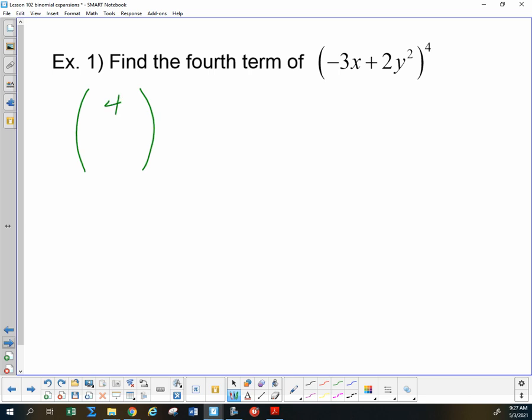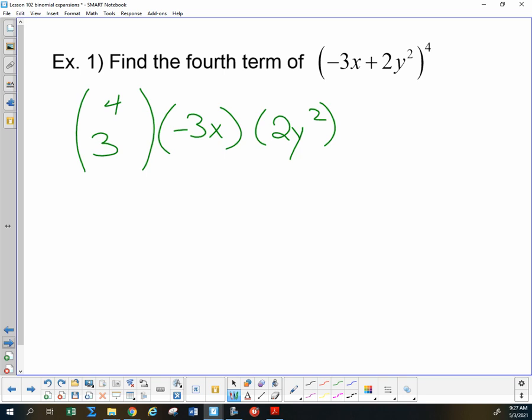And if I want the 4th term, what's going to go in the bottom? Then I'm going to take my first term to some exponent and my second term to some exponent, including the plus or minus signs that go with each of those terms. Derek, which exponent do I want to write down first? And what exponent should I put on 2y squared?